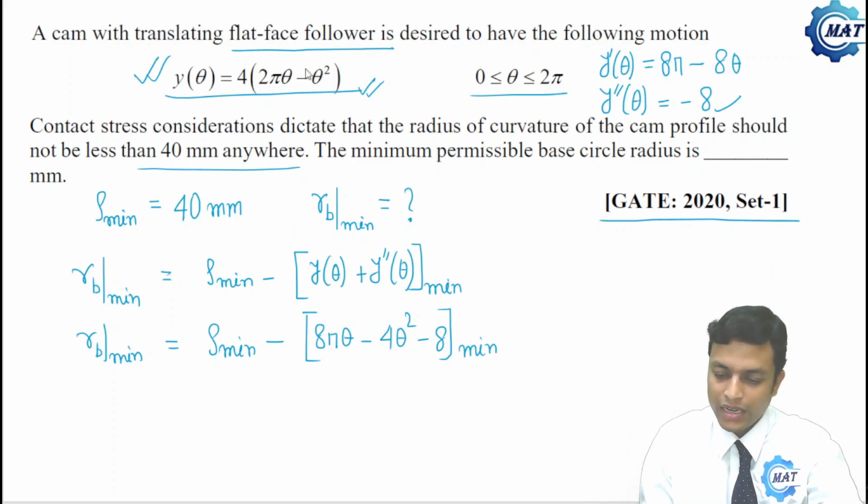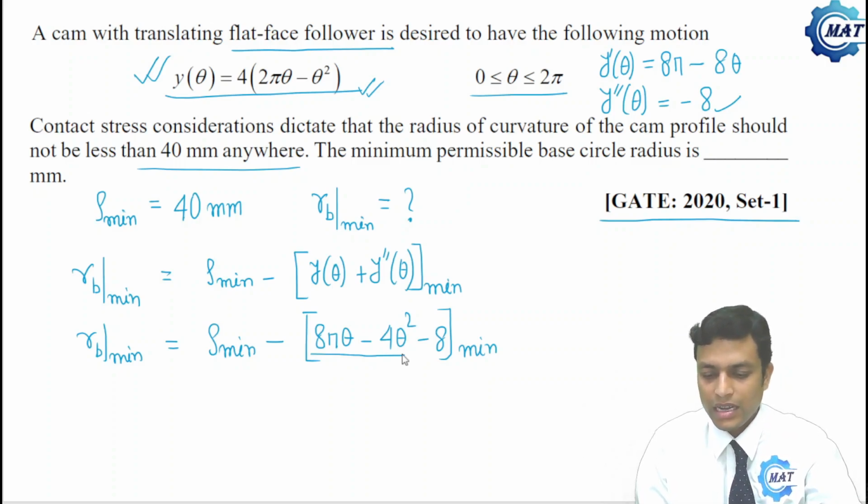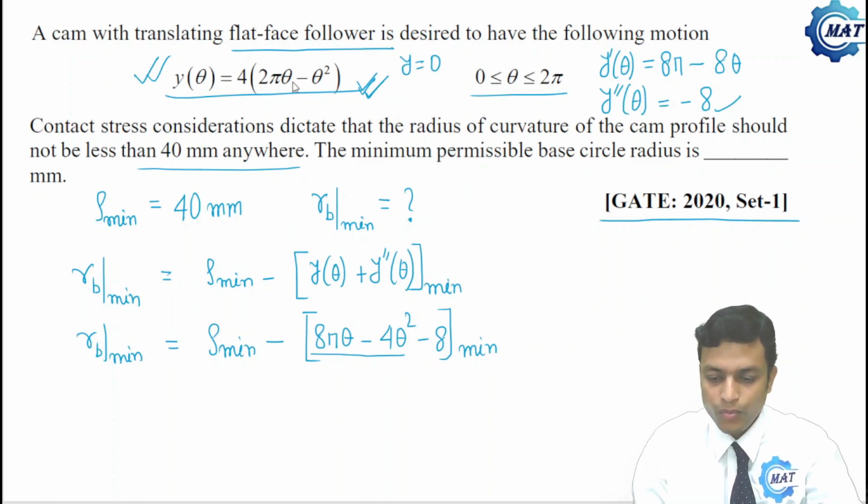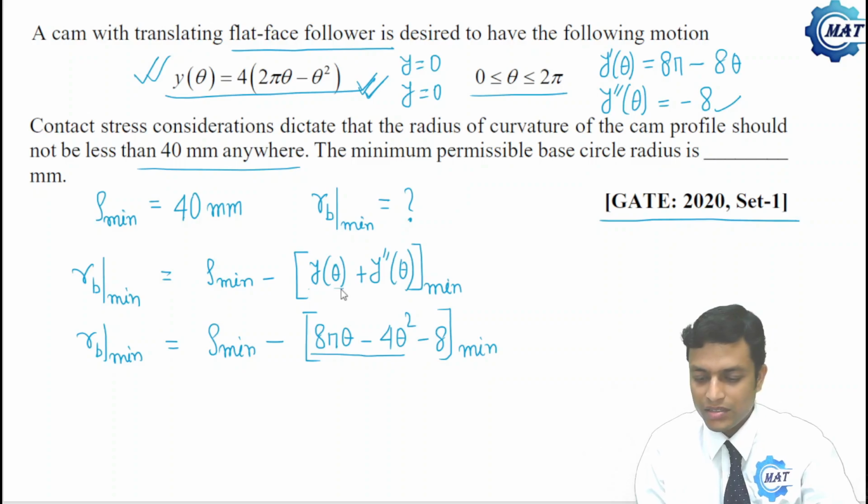Now the y of theta term will be minimum when theta equals 0 and theta equals 2 pi. At theta equal to 0 and theta equal to 2 pi, y is 0, and this expression satisfies that. If we put theta equal to 0, y becomes 0. If we put theta equal to 2 pi, then also y equals 0. So the minimum value of this term, y of theta, is 0.